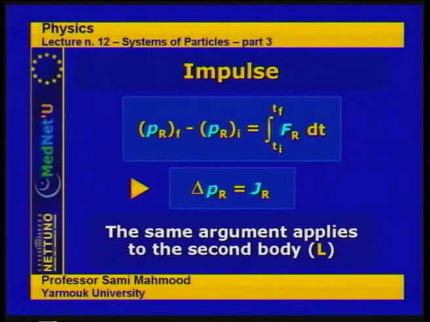Similarly, the change in momentum of object L is equal to the impulse acting on object L. We have to remember that the impulse is simply the force times time integral.